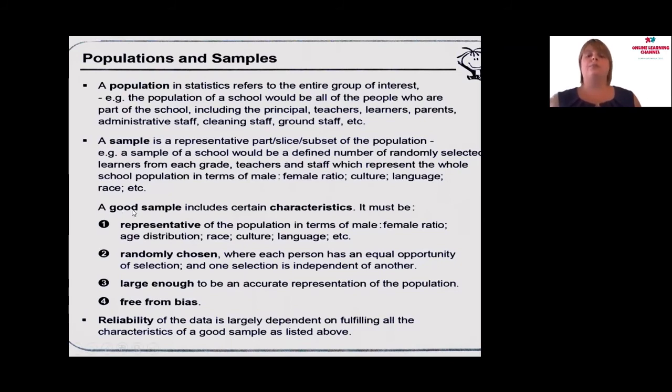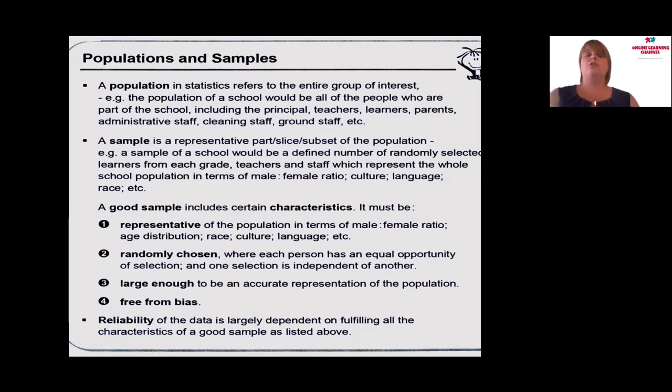A good sample, but guys, remember, here are the characteristics of a good sample, and they must be there, otherwise your data will be inaccurate. The first one is that it is representative of the population in terms of male, female, age distribution, race, culture, language. So I can't just take 50 females and say, okay, now I'm going to have a proper set of data.